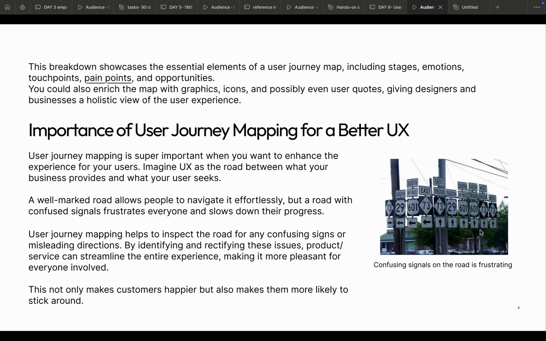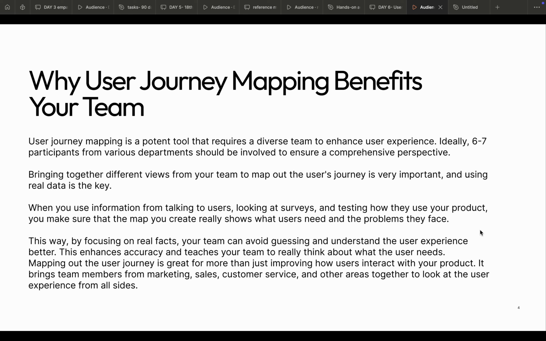So why is user journey mapping advantageous for our team? Let's consider that we have 6 or 7 participants from different departments involved. So in order to let everyone understand and gain an understandable perspective from each one of us, the user journey is important.